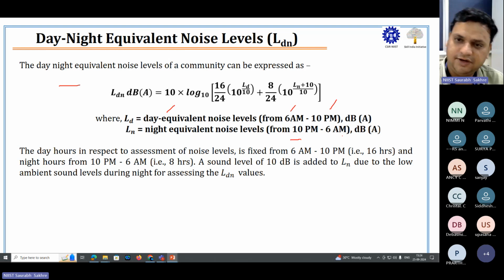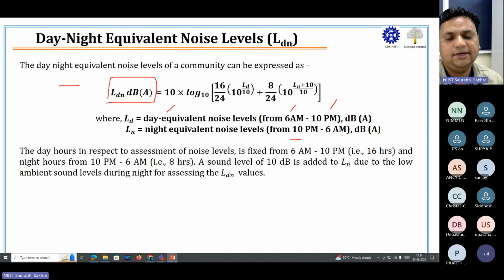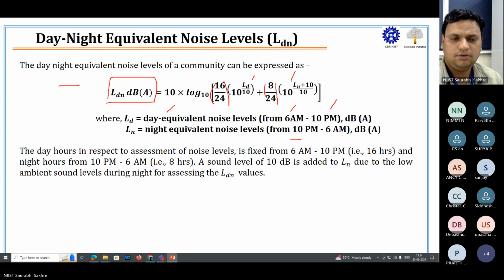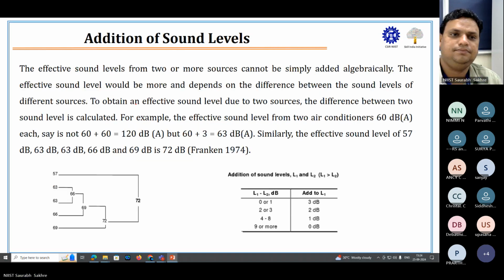So if you have values for both, LEQ for night and LEQ for day, you can combine them using one formula, the day-night equivalent noise level, LDN: 10 log10 of terms weighted 16 by 24 for day and 8 by 24 for night, because the night is 8 hours and the day is 16 hours. This is called LDN.